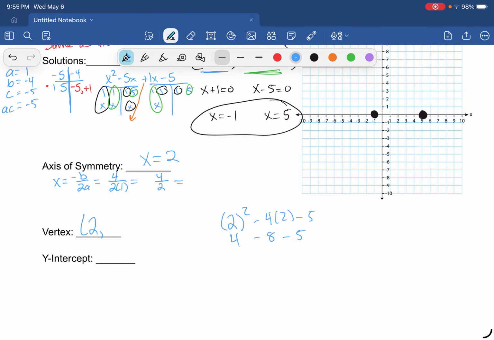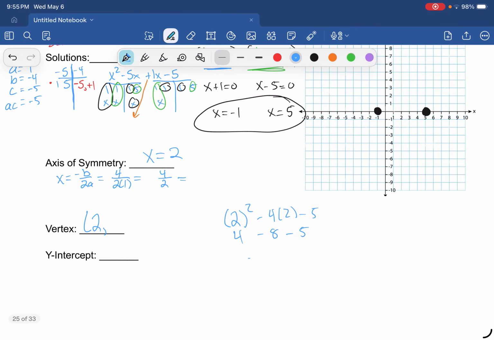So, what, that's -9? Okay, cool, my answer key is wrong. So then, over at 2, -9, I put a dot.